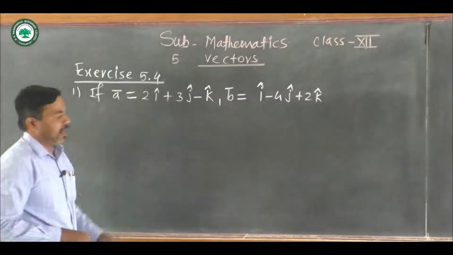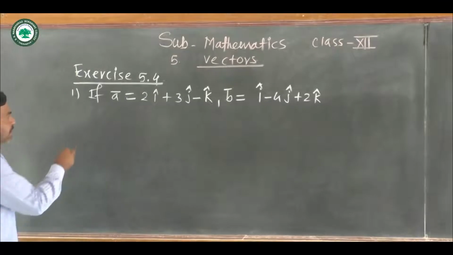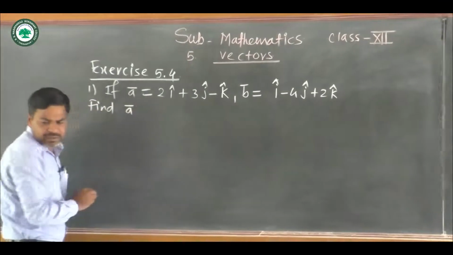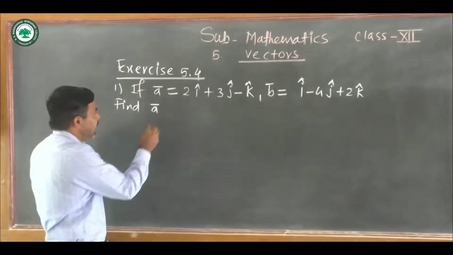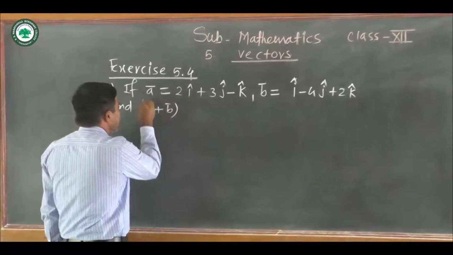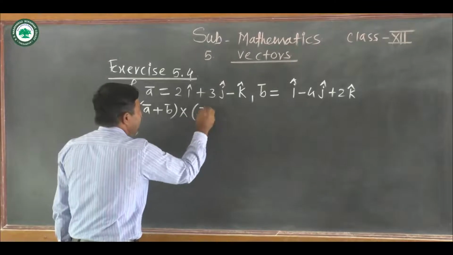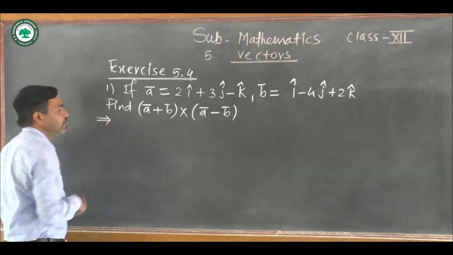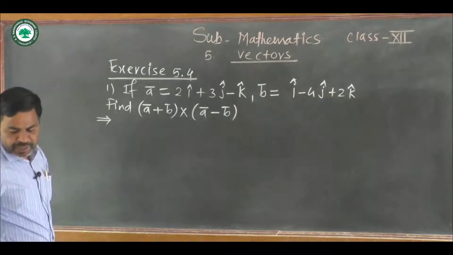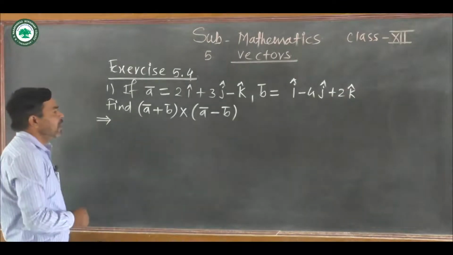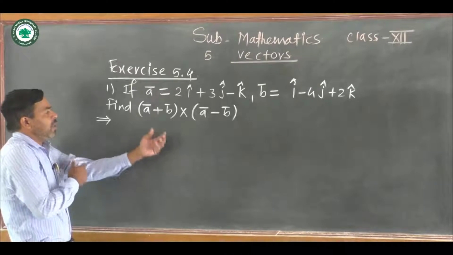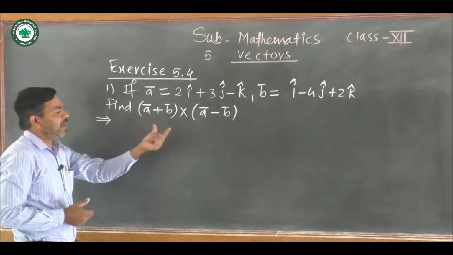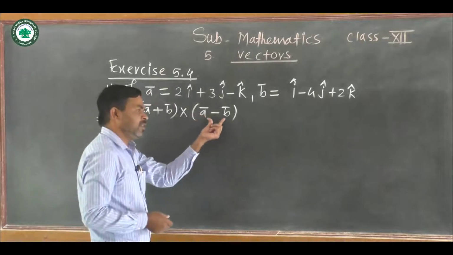A bar and b bar are given. Find a bar plus b bar cross a bar minus b bar. It is equal to, see, a bar and b bar are given and we have to find the cross product of these two vectors. So first we find a bar plus b bar and a bar minus b bar.